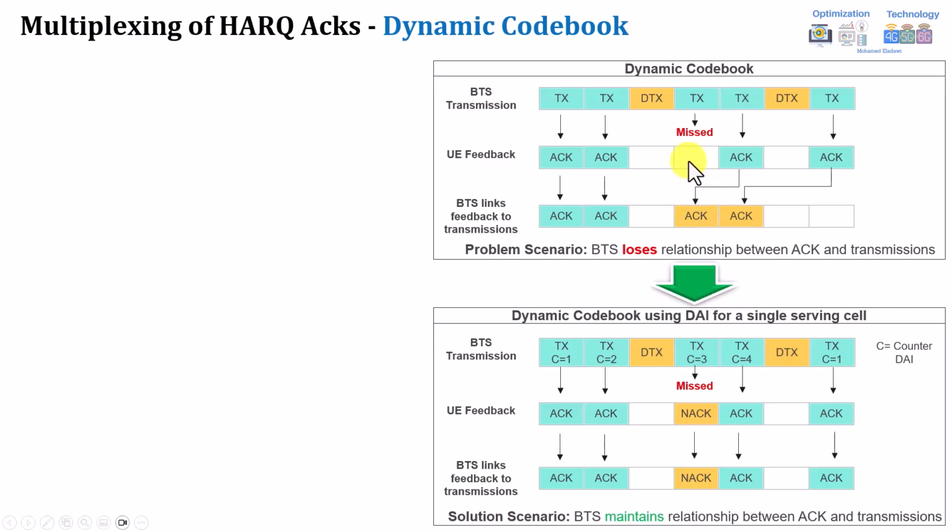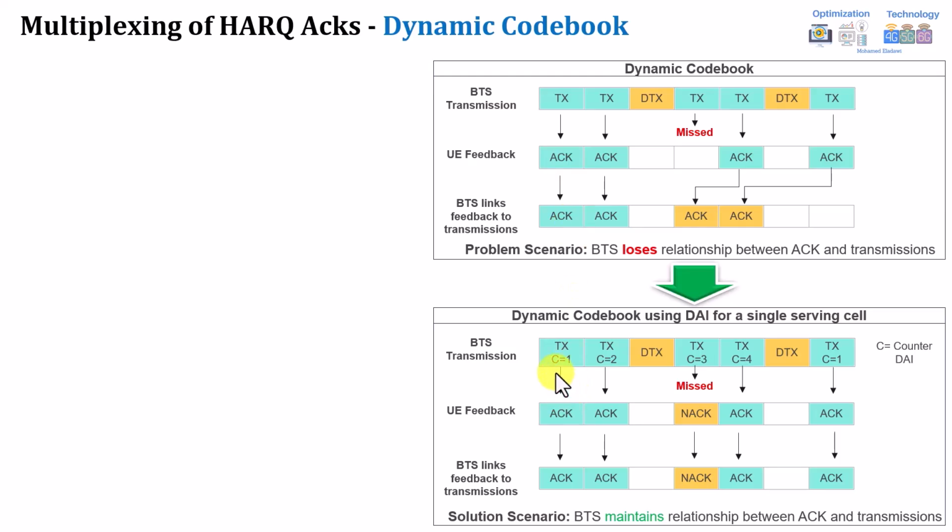So there should be something to let the user know which slot this transmission is for. This is where something called DAI comes in, the downlink assignment index, which informs the user which slot this transmission is for.